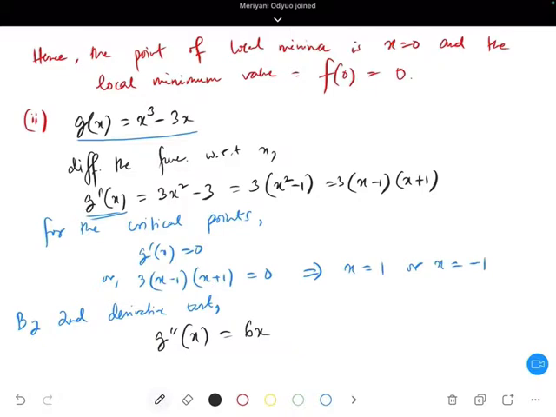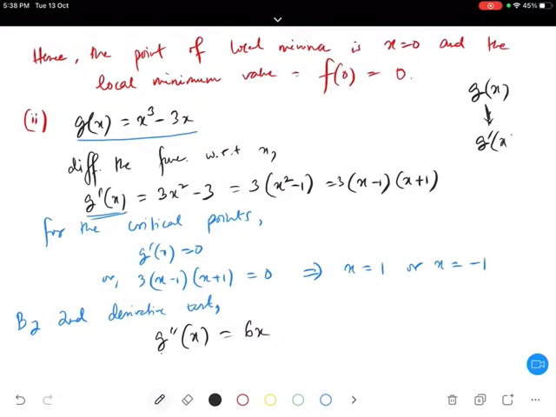Now listen very carefully. What is the main reason for doing this? Why am I doing g double dash x? Now look here. g of x is a function. Can anybody tell me what g dash x is?